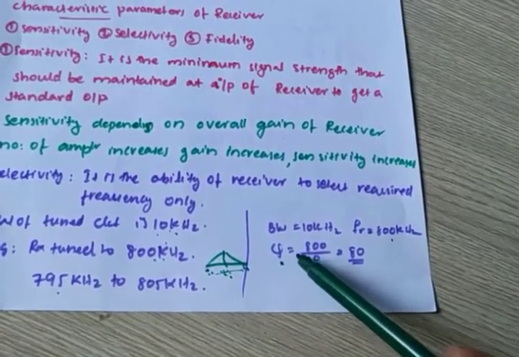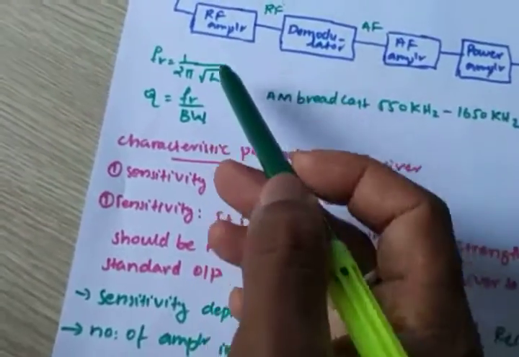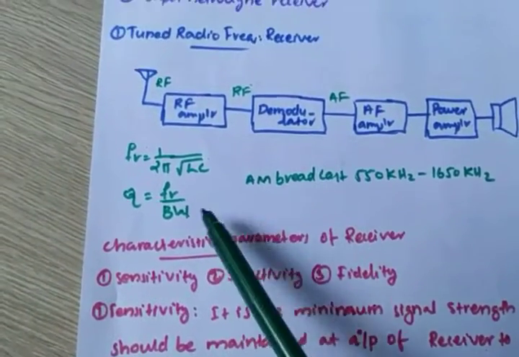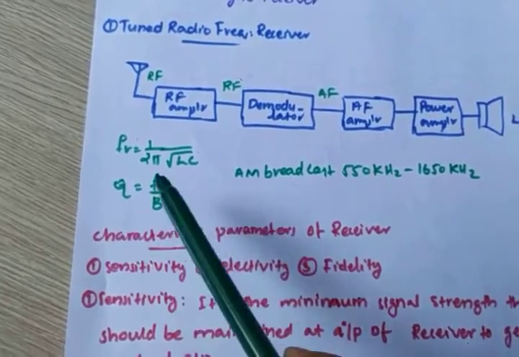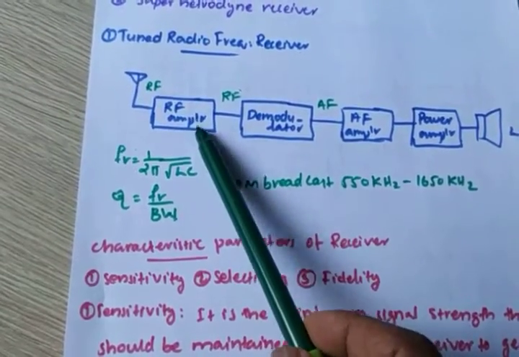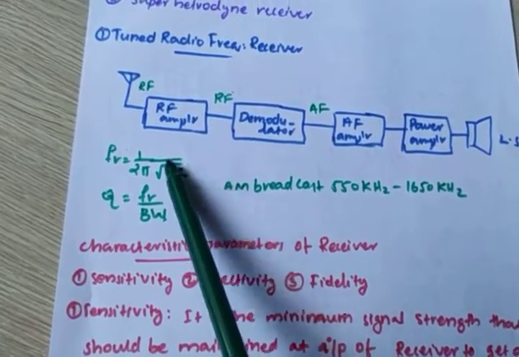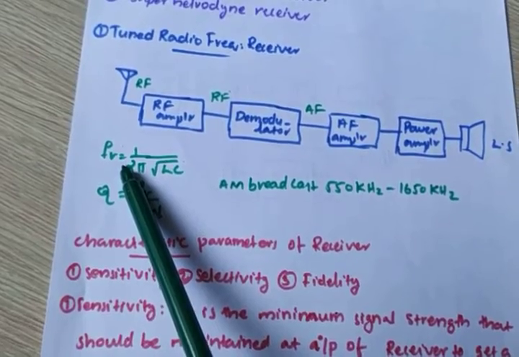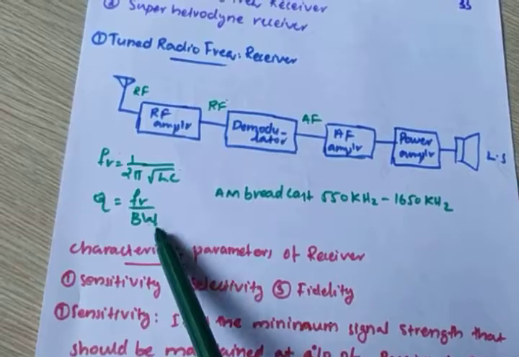From the equation, quality factor Q equals resonant frequency by bandwidth. So bandwidth equals resonant frequency by Q. So this is the tuned circuit, and here the resonant frequency comes. By adjusting L and C, you can adjust the resonant frequency. So by adjusting the resonant frequency, definitely bandwidth equals resonant frequency by Q.